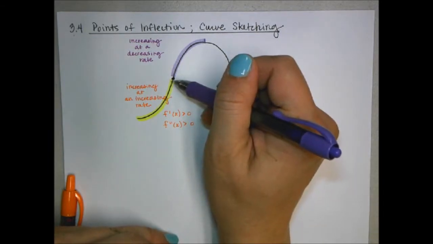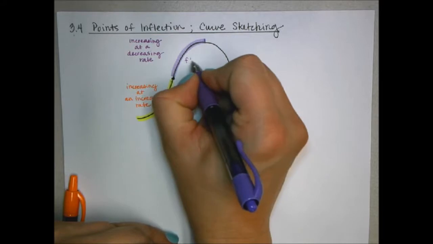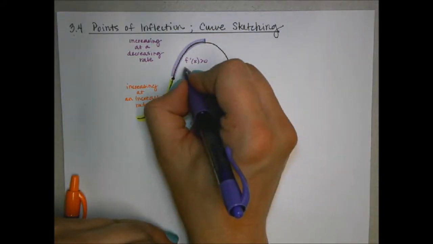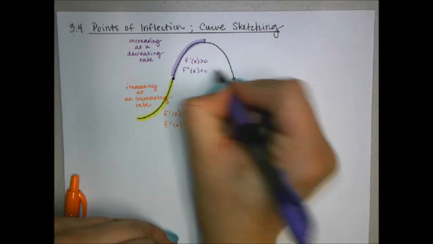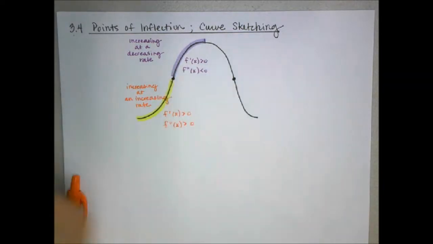Again, the curve is increasing, so our first derivative would be positive. But our second derivative is now negative. You'll notice here the curve is concave down. So the second derivative, again, negative.